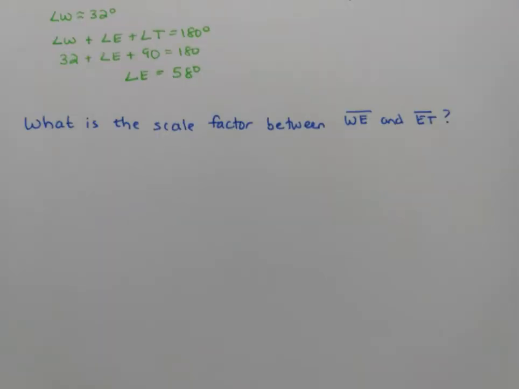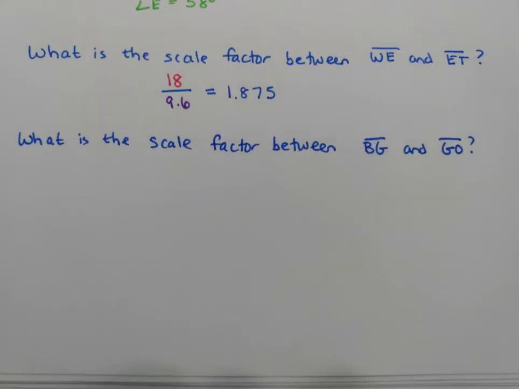So now, what is the scale factor between side WE and side ET? What if we were to look at scale factors, not similar triangle to similar triangle, but within a triangle itself? Well, okay, I'll compare. I know WE was 18, I know ET was 9.6, and so when I divide them, I got 1.875.